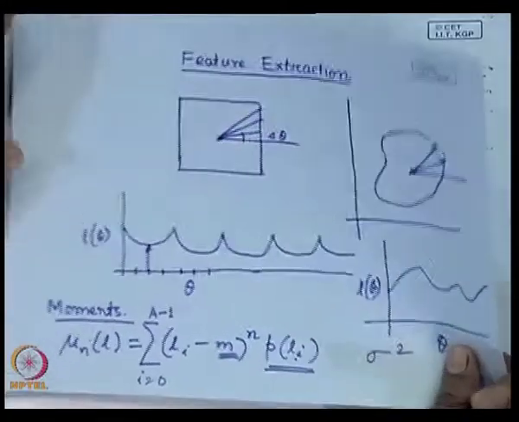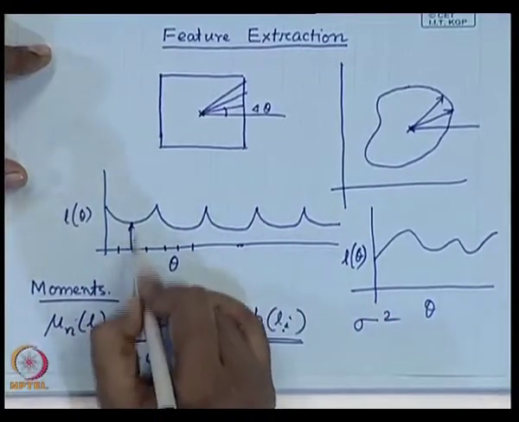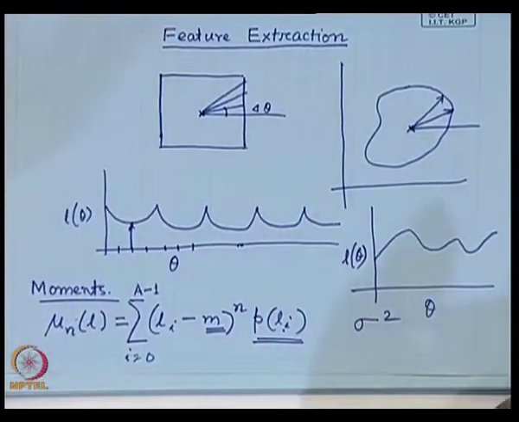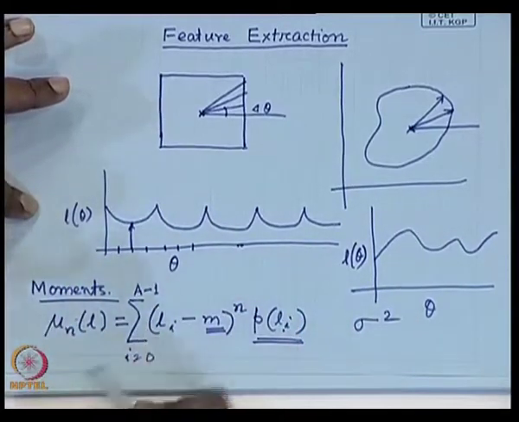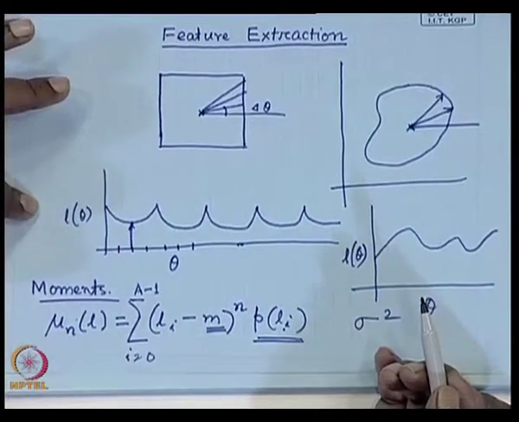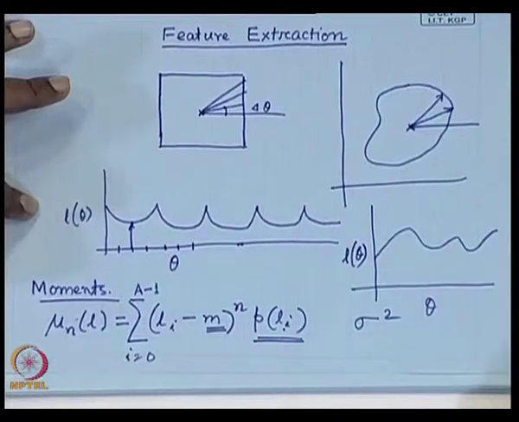Like what I have shown with respect to signatures over here, the signature is a pattern. If I take the samples on this pattern, that itself becomes a feature vector, or I can take the different moments of this, and the moments become a feature vector. If I take the Fourier transformation of this pattern, the Fourier transformation coefficients become a feature vector. So, either I can take the features from the spatial domain, that is from the raw data, or I can extract the features after taking a transformation of the raw data.